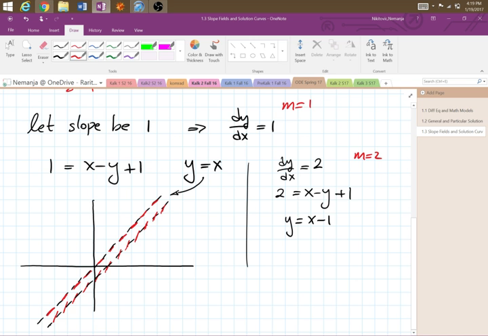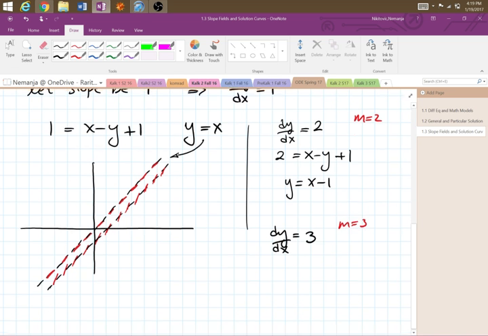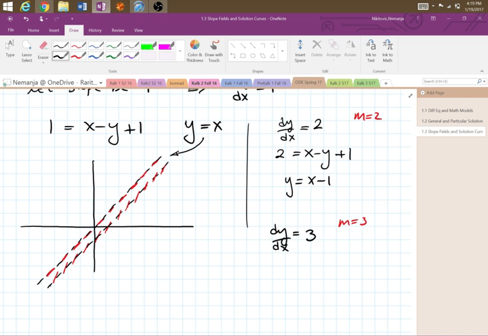And I'm going to pick, because I can, dy/dx to be 3. That means the slope is 3. And I will still solve the equation. So 3 is equal to x minus y plus 1. So y is equal to x minus 2.